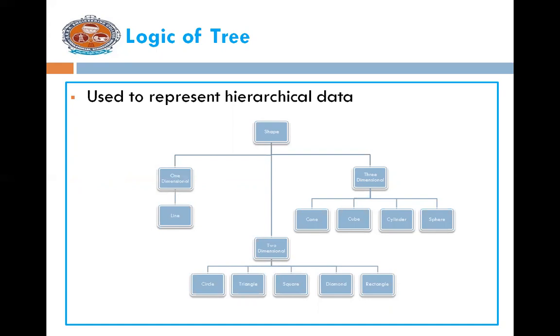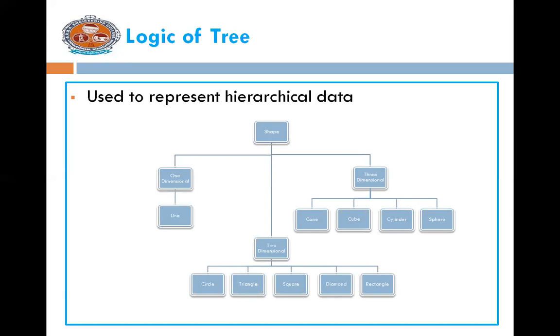If you take a shape, the first level of differentiation of shape is one dimensional, two dimensional, and three dimensional. So this is the first level of differentiating the shape. Again in the one dimensional, we can go for the second level of differentiating the shape, that is line.